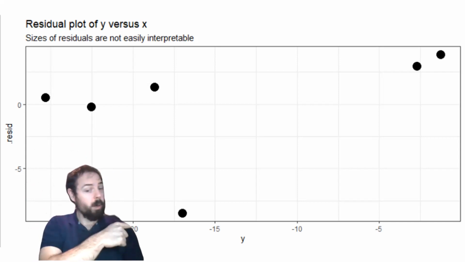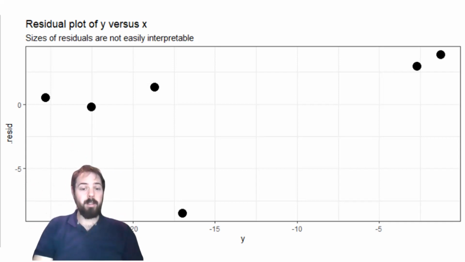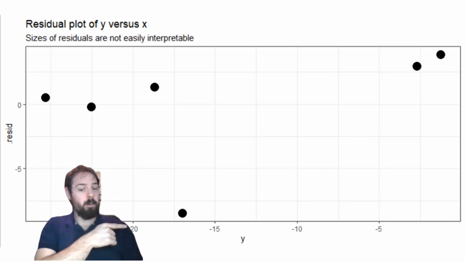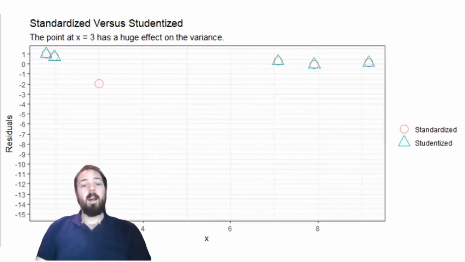When we remove this point, all of those other points are pretty close together. They're all pretty close to zero. This one is much further away from zero compared to those, so it's going to have a big effect on the variance. So if I calculate the standardized and studentized residuals, these residuals have a sense of scale because they've been brought down by two separate estimates of the variance.